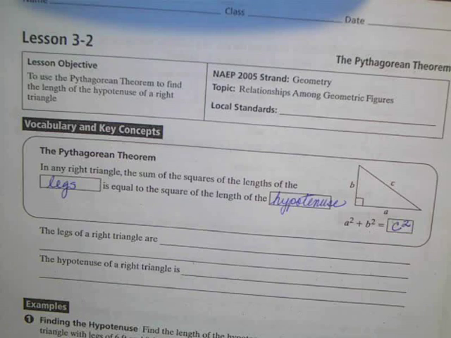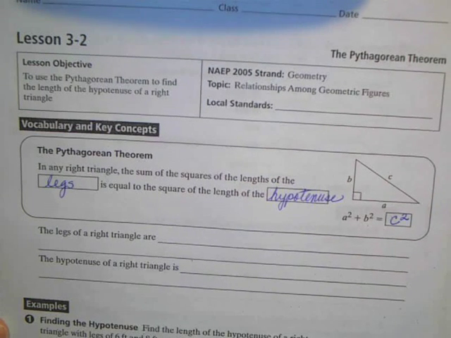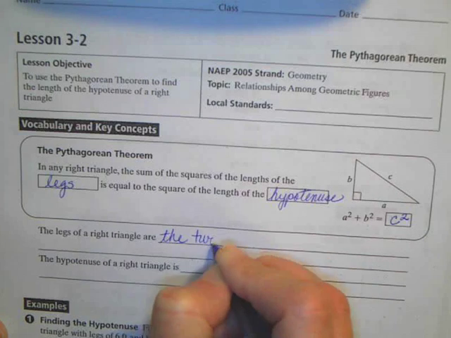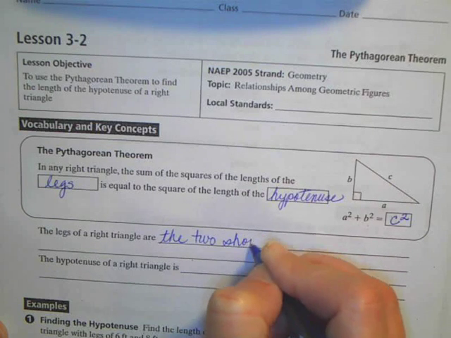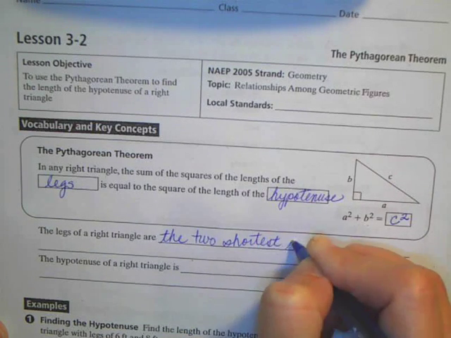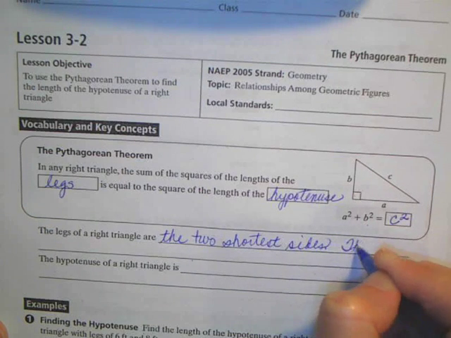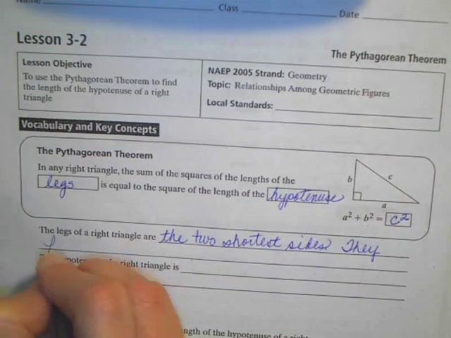Okay. The legs of a right triangle are the two shortest sides. They form the right angle.